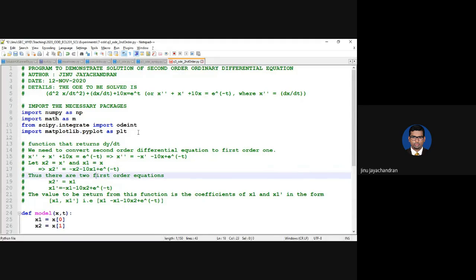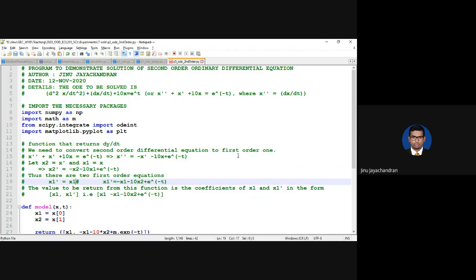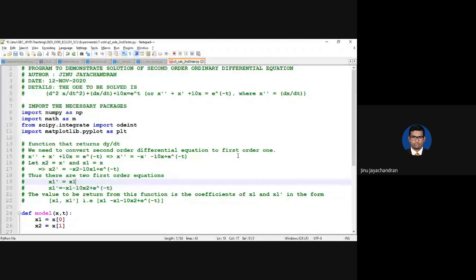So there are two first order equations. First is x1 dash is equal to x2, sorry, and second is x2 dash is equal to minus x2 minus 10x1 plus e raised to minus t.